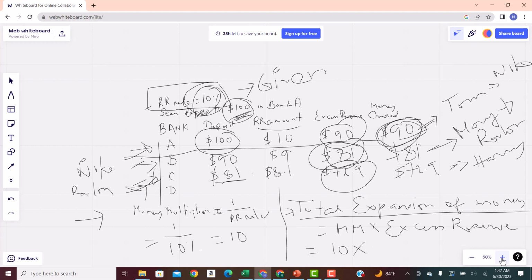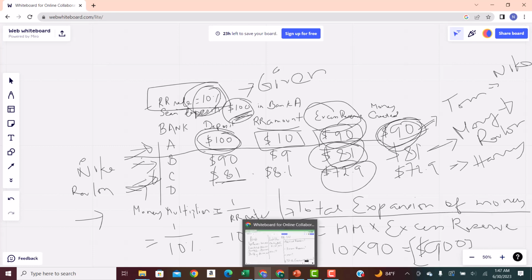When you deposit $100, the bank holds back $10 and is able to loan out the extra $90, which is their excess reserve. So this $90 will be taken. The first excess reserve is taken, and then we multiply it by the money multiplier. So just because Sean deposited $100 in Bank A, in the economy, the money supply will go up by $900. See, there's a multiplied impact, and that is how we find out by how much the money supply will go up.